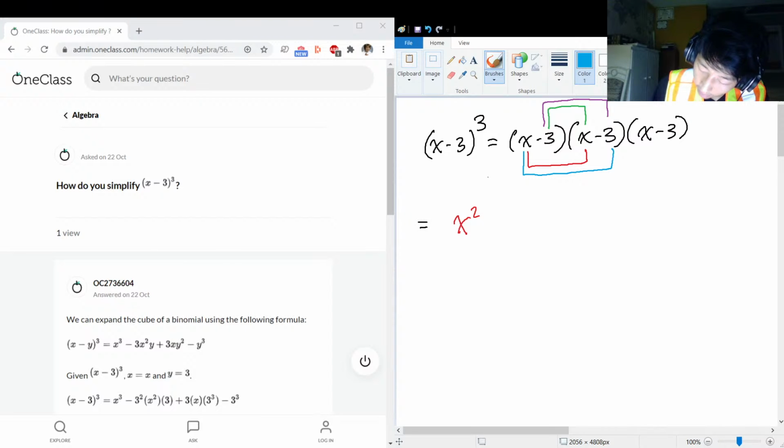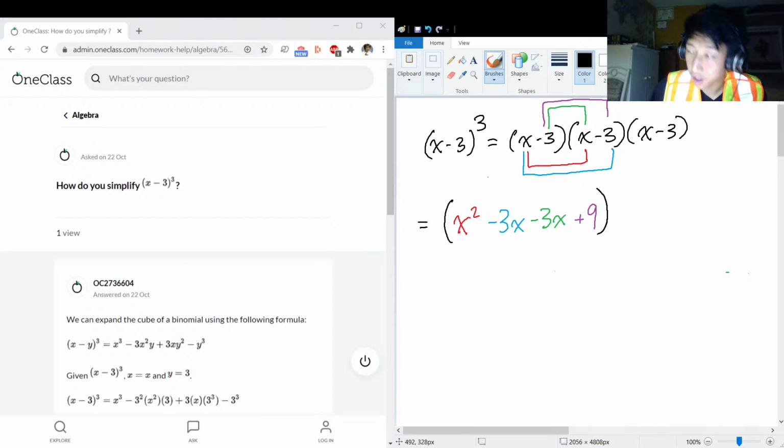That's the blueberry. So x times negative 3, negative 3x. The next thing, we got our green. Negative 3 times x. Sounds like a negative 3x to me. And the purple, at the end, negative 3 times negative 3, positive 9. Remember, negative times negative is going to be a positive answer.